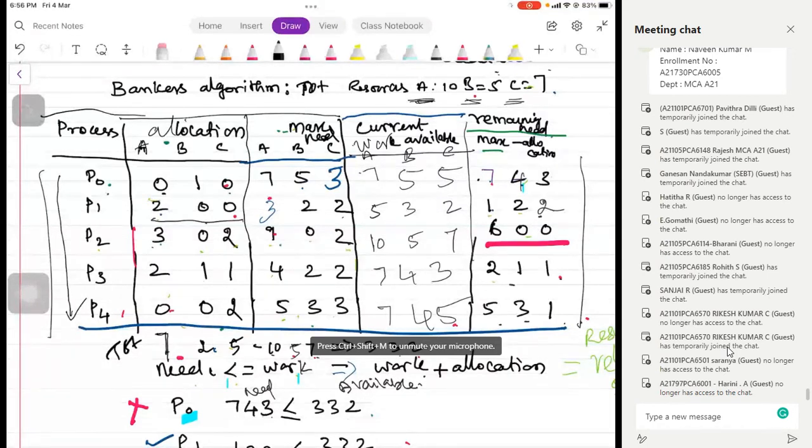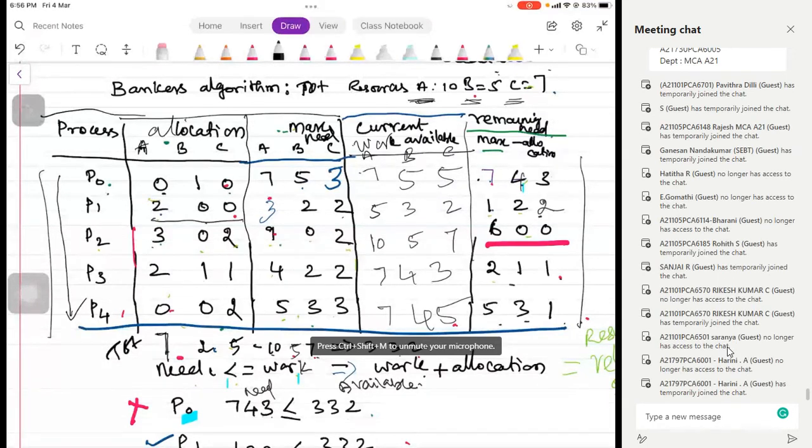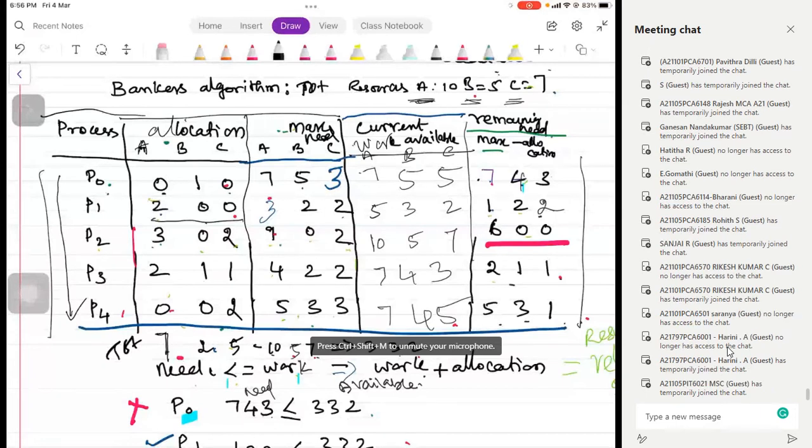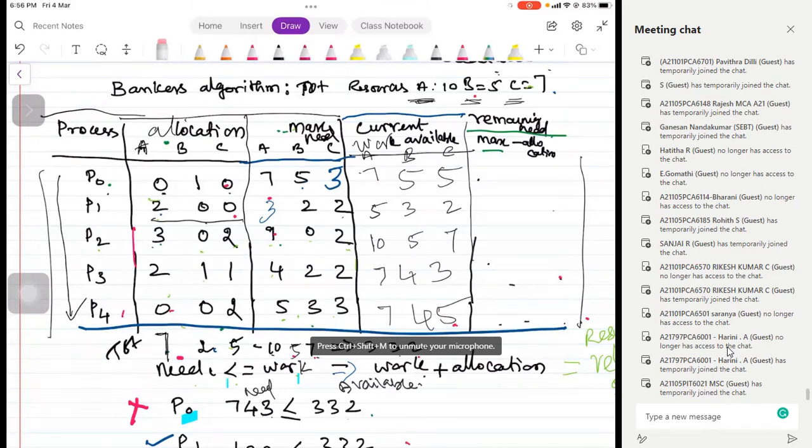Work available நமக்கு எவ்வளவு இருக்கு? 3, 3, 2 இருக்கு. P0 ஓட எவ்வளவு நமக்கு வேணும்? அது எப்படி கண்டுபிடிக்கிறது? I'll do it once again.